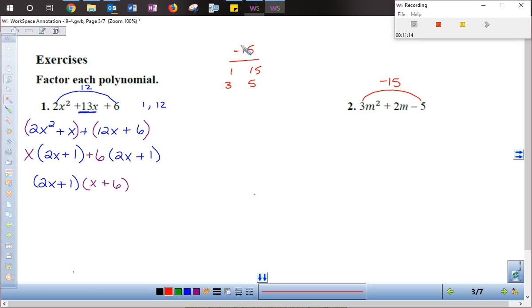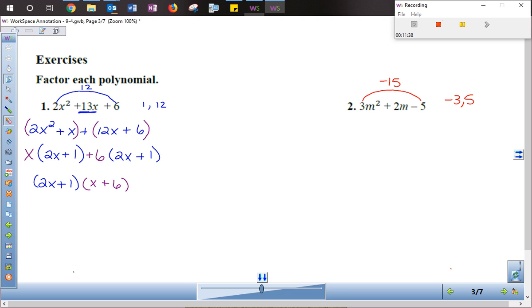But since it's actually a negative 15, we know that one of the numbers has to be negative. Now when I add them together, I end up with a positive 2, so that means my bigger number has to be positive. Now negative 1 plus 15 gives me positive 14, so that's out. Negative 3 plus 5, though, gives me a positive 2. So those are the two factors that I want to work with, negative 3 and positive 5.